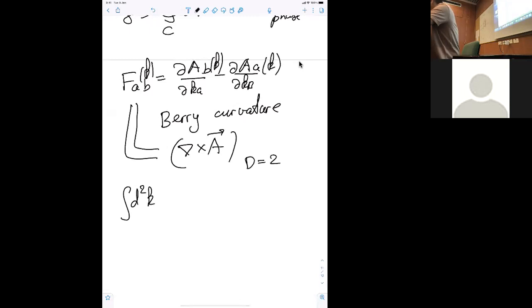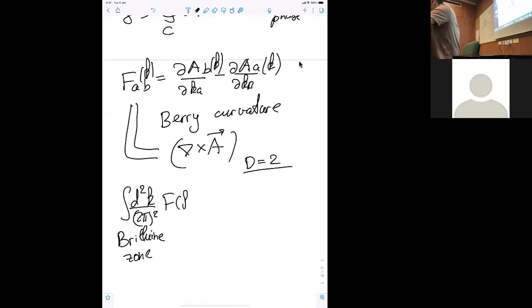Let us focus on two-dimensional systems. We will see soon why it's a good idea to focus on two-dimensional systems. Let's compute this integral over entire Brillouin zone.